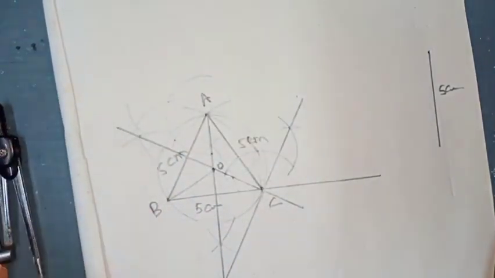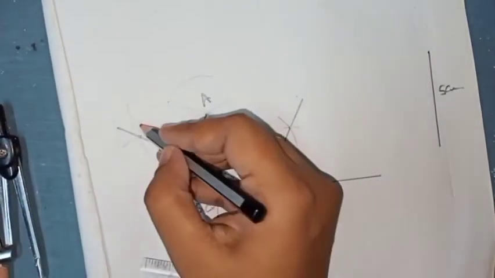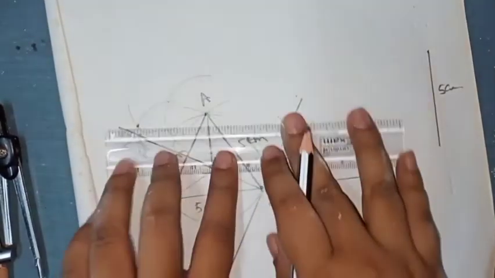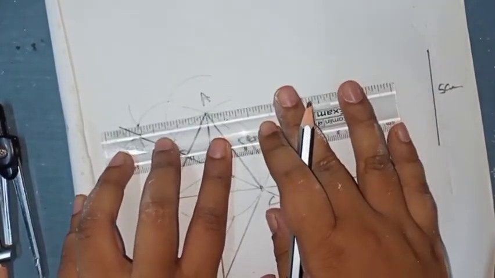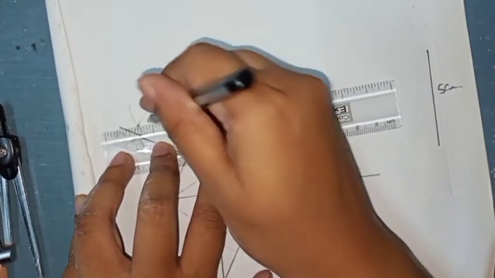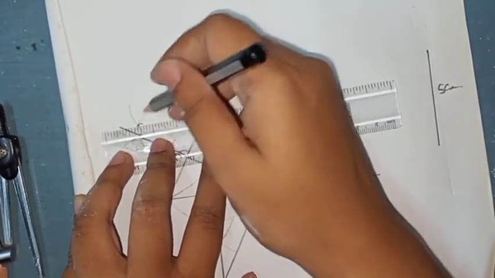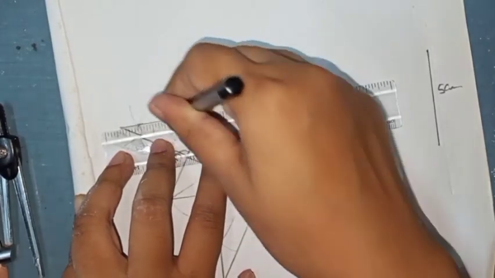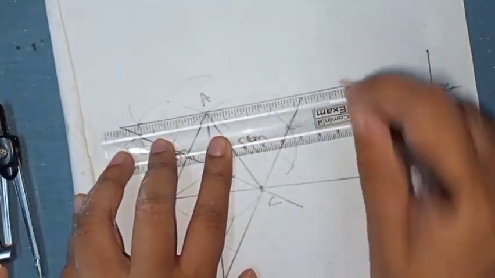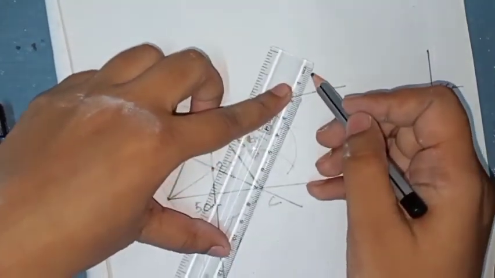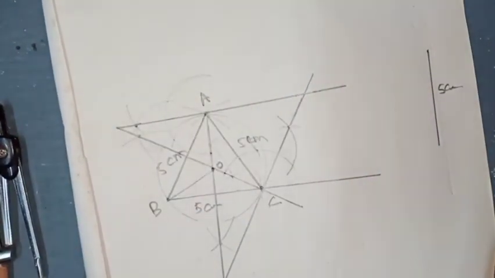Okay, then from this one to this point, draw the tangent from point A. Okay, I am making it larger so that it will look good, nothing else.